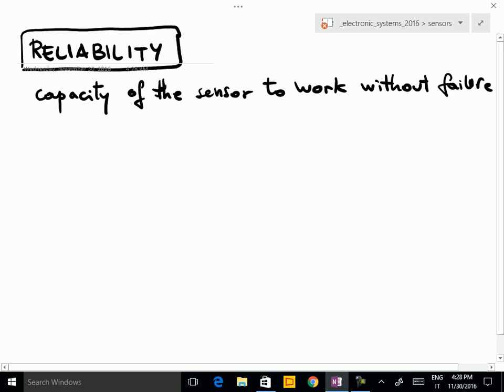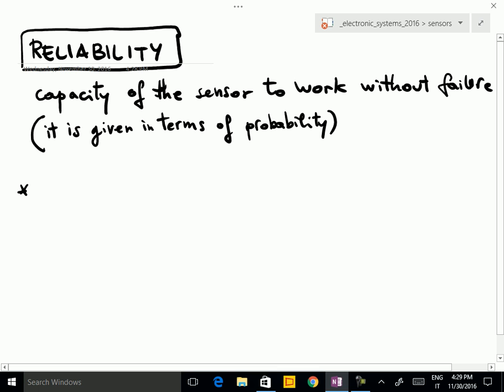Of course, for obvious reasons, it can only be given in terms of a probability, because not all the sensors are created equal, which means in terms of statistical quantities.